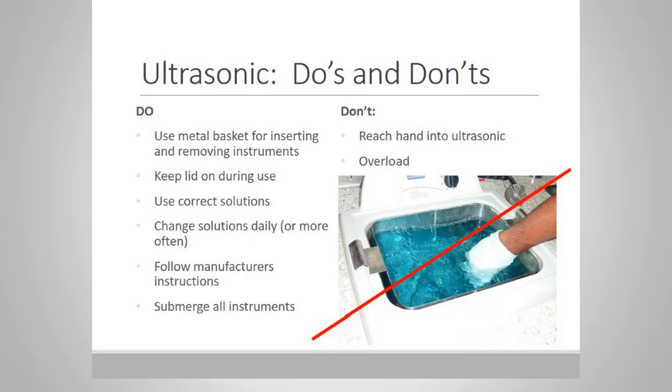And some of the products used as solutions are pre-packaged in unit dose for 1 gallon, 2 gallon, or 3 gallon tanks. So obviously if you are using a 1 gallon unit dose product and you have a 3 gallon tank, you need to triple up. So use the correct quantity of solution as well. Change that solution daily or more often if needed.